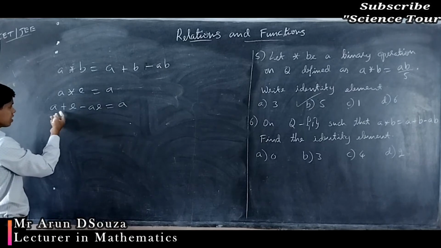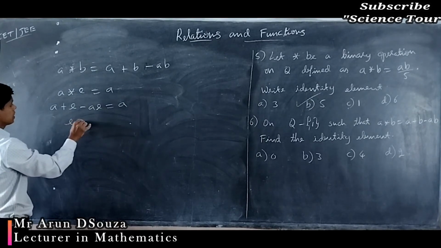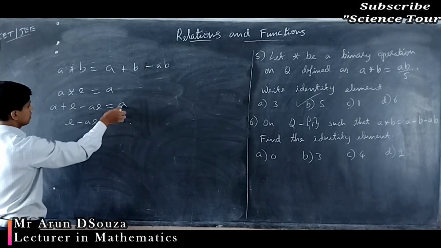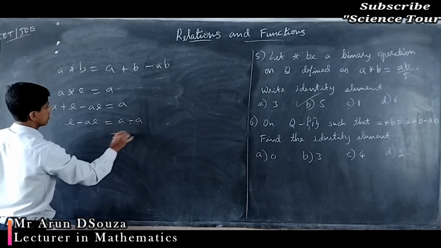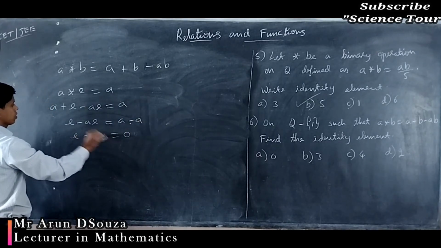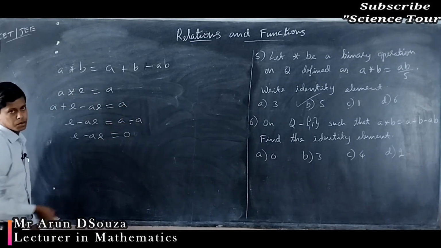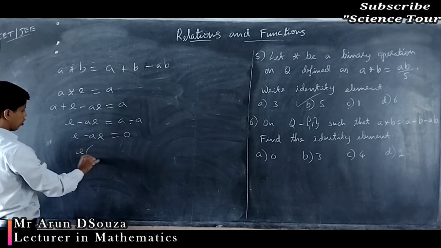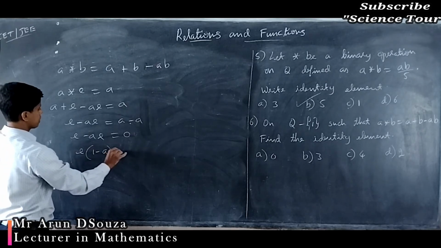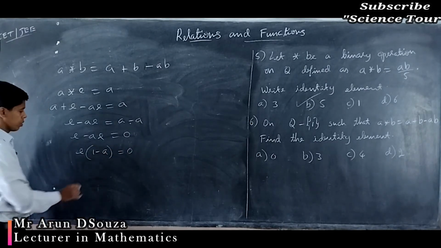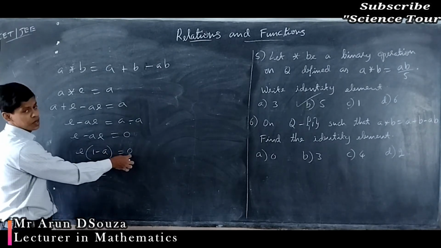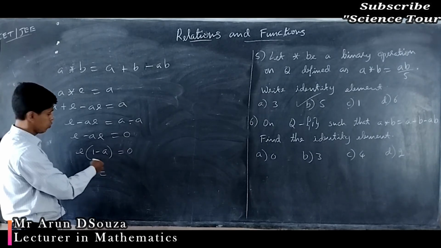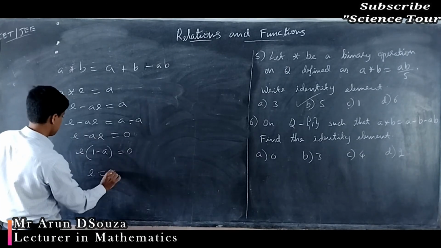Now see, this will be E minus AE, A minus A, which is 0. So A and minus A cancel, correct. Now you can take E common, that is E times (1 minus A) equals 0. Now what we need is E, therefore this will be divided: 0 by (1 minus A) is 0.